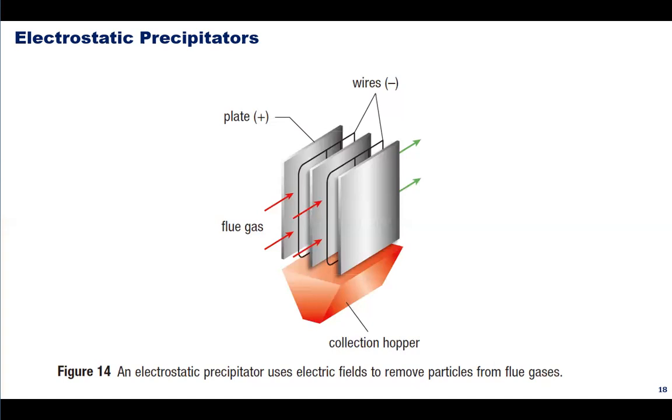Repeating the procedure of passing the flue gas through several series of plates and wires can remove about 99% of the various particles from the gas. Some of these devices are used for home air purification as well.